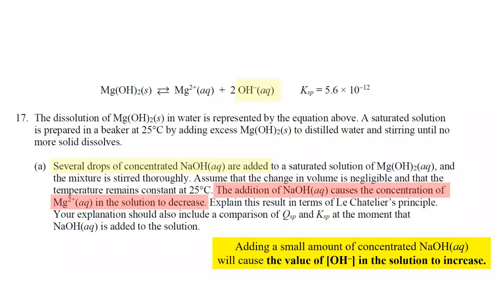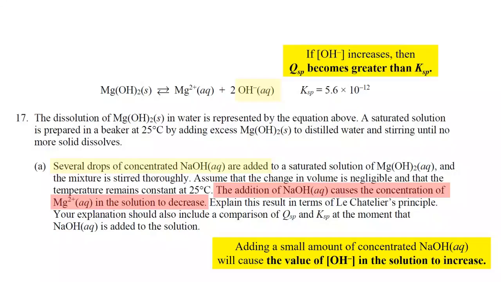And notice that hydroxide is a product in this equation for the dissolution of magnesium hydroxide. Well, if you increase the concentration of a product, in this case, the hydroxide ion, then QSP becomes greater than KSP.